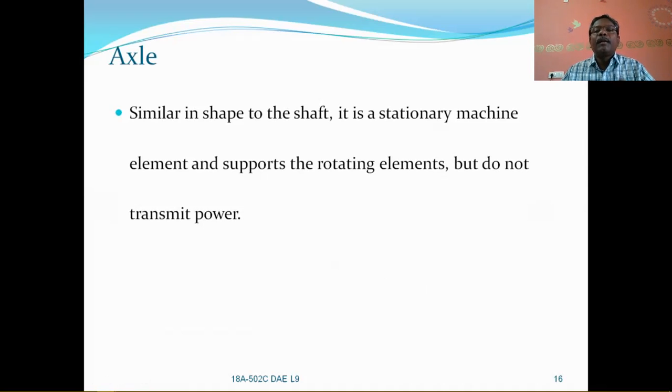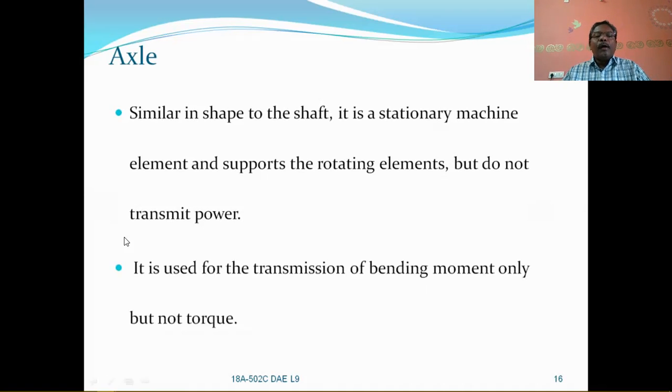whereas the shaft is the rotating element, and it is going to transmit power from one place to another place, whereas the axle just supports the rotating elements, but does not transmit any power. So it is used for transmission of only bending moments, but not torque.